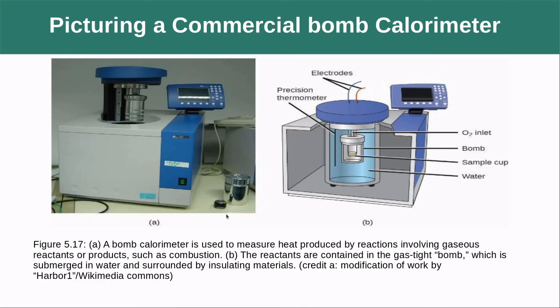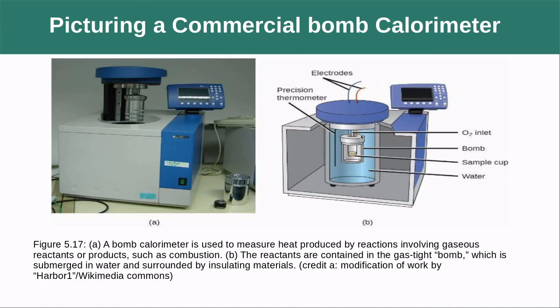So that's just waiting to burn up. And you'll put your sample in a little cup like this. And then there are these two electrodes, and that's going to make a little spark. So you put the two electrodes close to the cup, and with all that oxygen in there, you ignite it, and it burns this up completely.